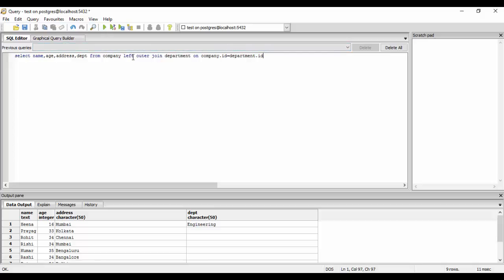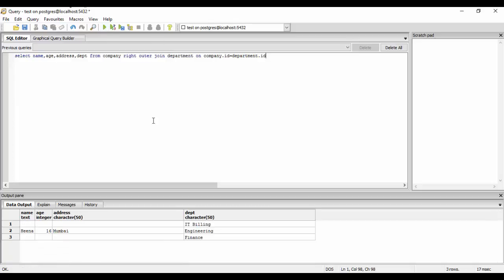Now you could assume what right outer join would be. In case of a right outer join, you need to just replace left by right, and the whole scenario is completely interchanged. Now the table on the right would be fully displayed, and the table on the left is checked for the join condition, and if it does not match, then the company table would be filled with null values, and the table on the right hand side would always be complete.